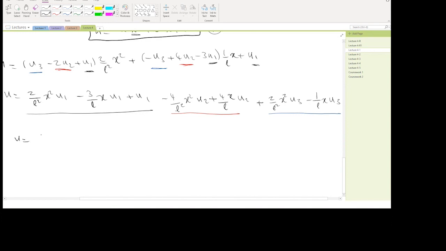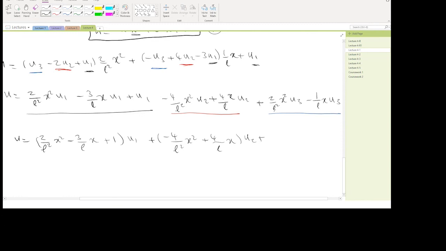So U is going to be 2 over L squared X squared minus 3 over L X plus 1. The whole thing is multiplied by U1. Then I have added to that minus 4 over L squared X squared plus 4 over L X multiplied by U2.